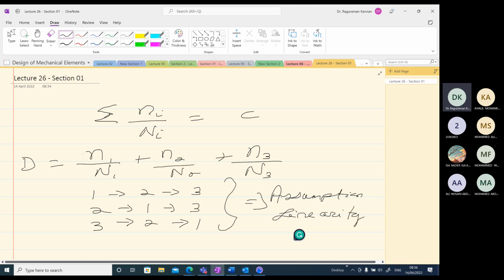What is linearity again? Just like Hooke's law has some linearity, where we can use the superposition principle to represent the case in the same way.